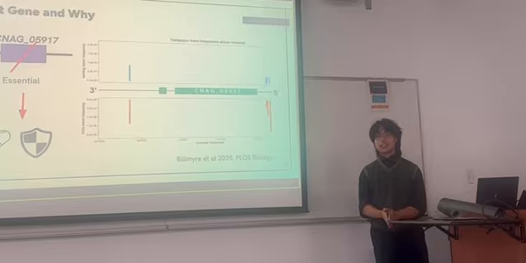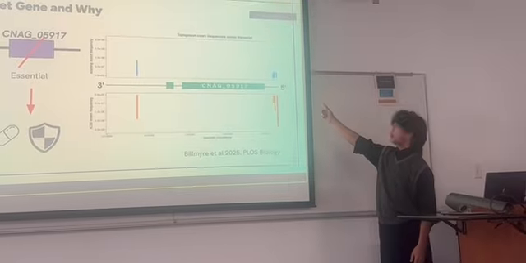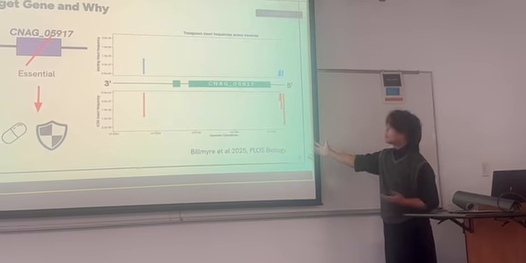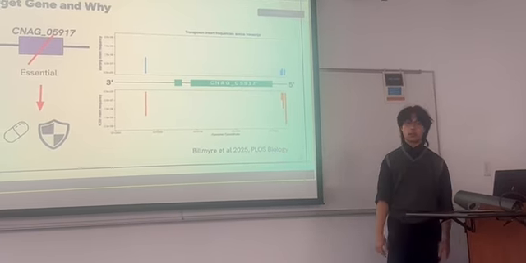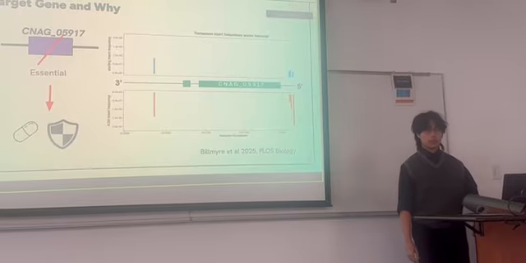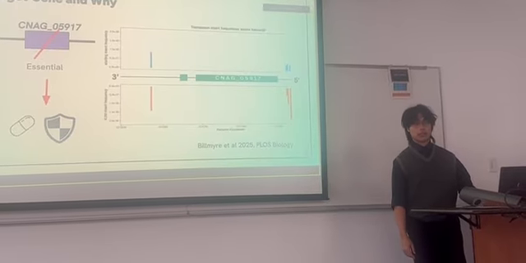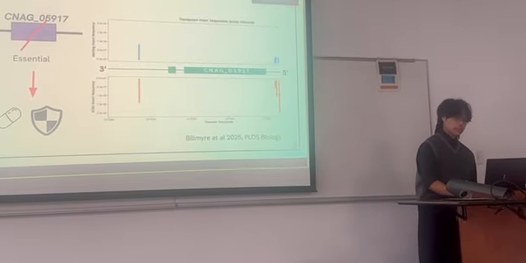What's interesting is that compared to our normal growth medium, which is on top, that's the MSO, when we placed it in fluconazole, it actually tolerated more of those insertions in the regulatory region. So there's definitely a change in phenotype, and that is why it's interesting and we want to study it. So with that, we have established our target gene.